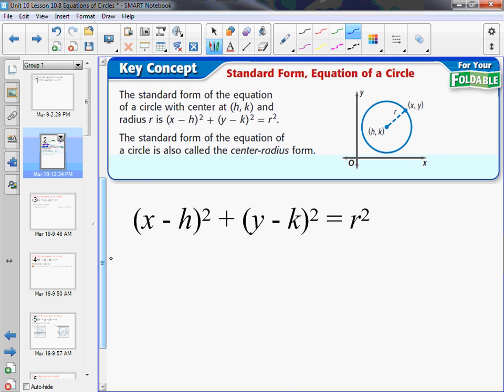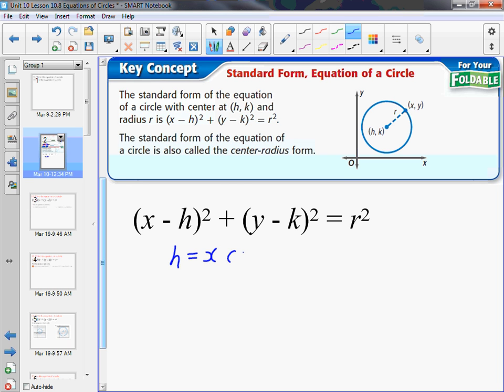That's called standard form, or it's called center-radius form. For us, it's the only form of an equation of a circle we're going to learn, so it's the equation of a circle. It's x minus h, quantity squared, plus y minus k, quantity squared, equals the radius squared.